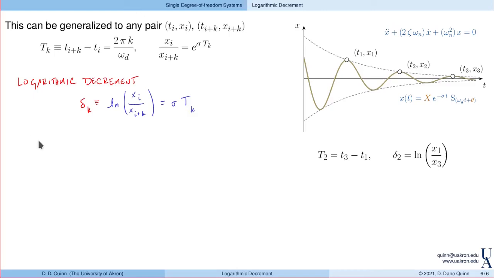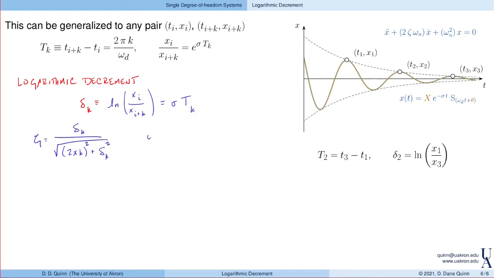So if we do that, we would solve for the damping ratio as now delta_k, and again, we're taking these two new pairs. The denominator is 2 pi times k, so this is essentially the phase of all of those cycles, plus delta_k squared.